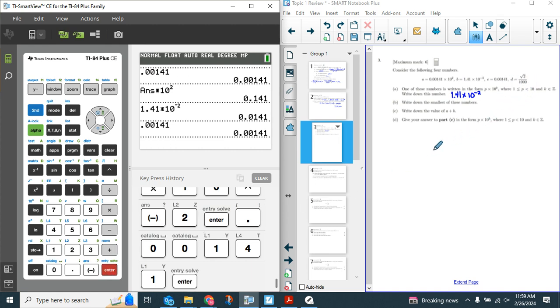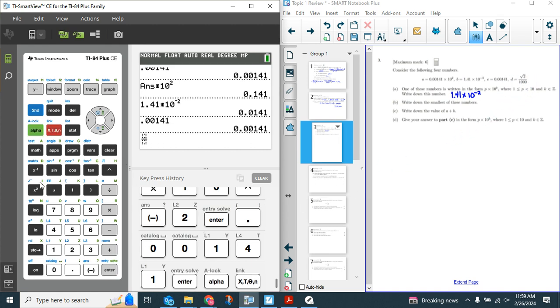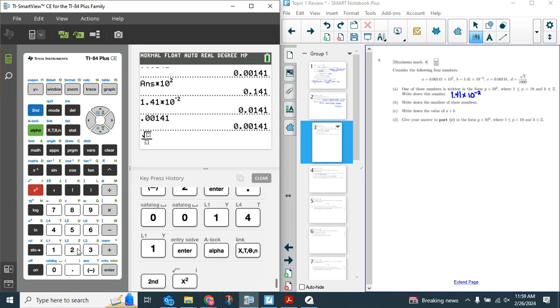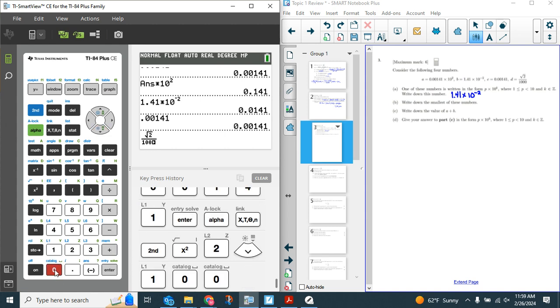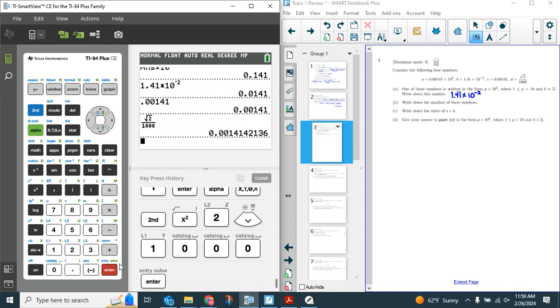And then D, we have the square root of 2 over 1,000. Okay, so these are our 4 numbers, and it says write down the smallest.